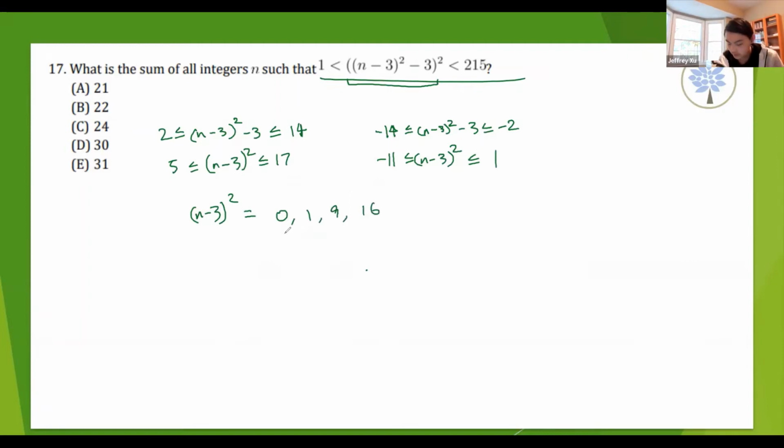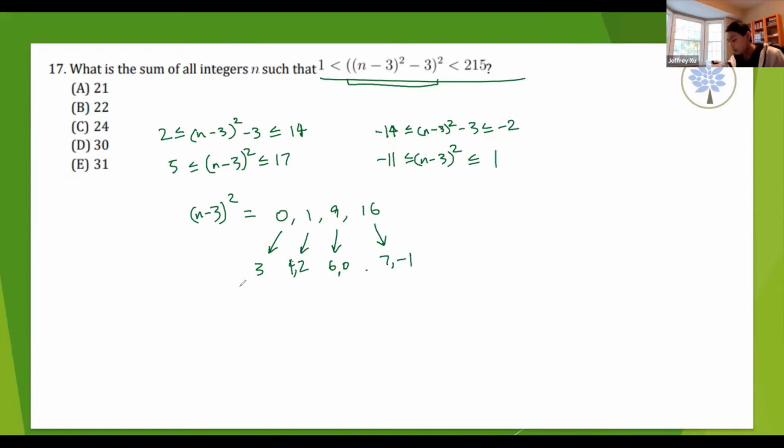So therefore, once we get this, all that's left is to simply solve for n in all of these cases. And we get n equals 3, 4, 2, 6, and 0, and 7, negative 1.